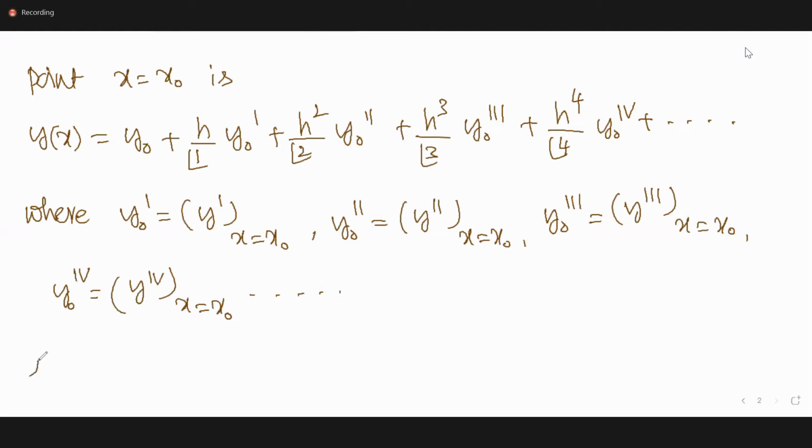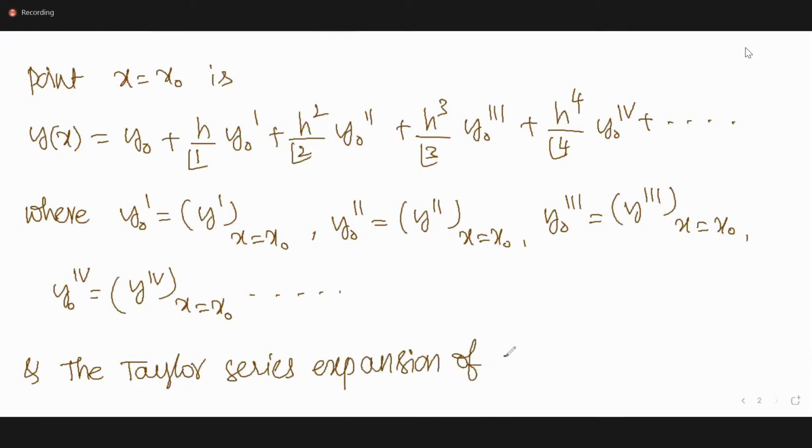Next, the Taylor series expansion of z of x at the point x is equal to x naught.